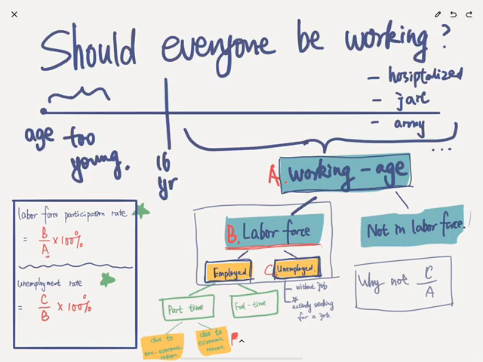We don't care about this because there are people in this working age population that don't even want a job. So if we measure unemployment rate using this formula, it doesn't tell us much. It tells us out of working age how many people are unemployed. We don't care.